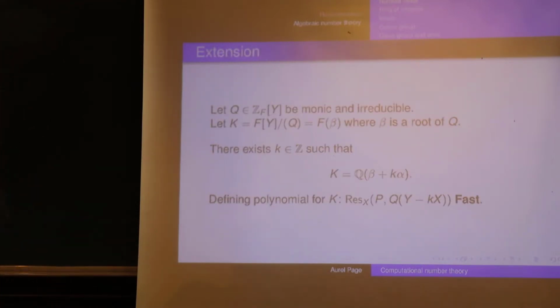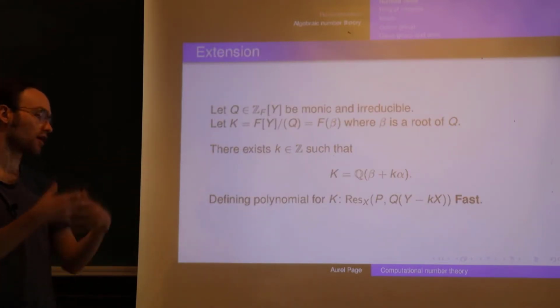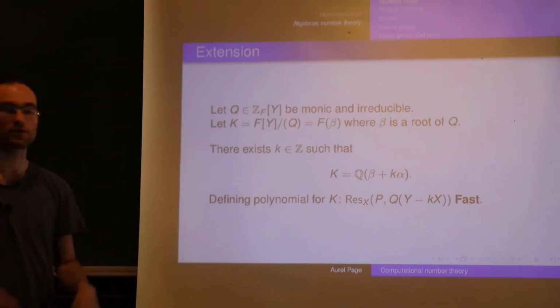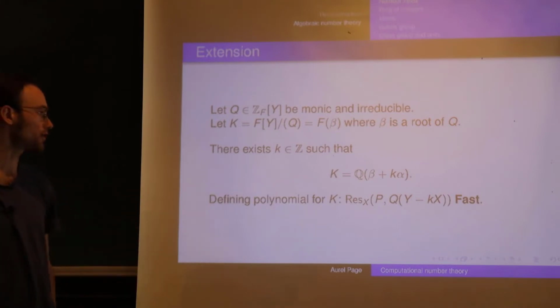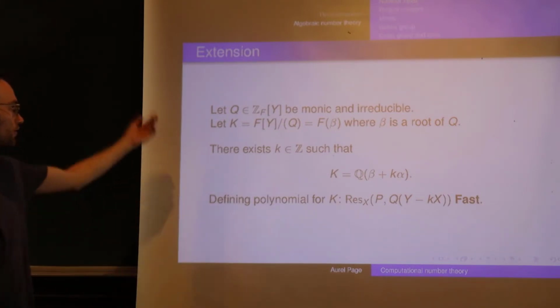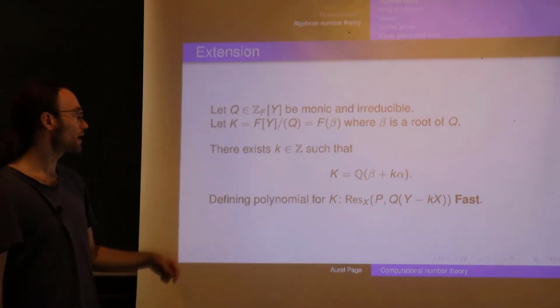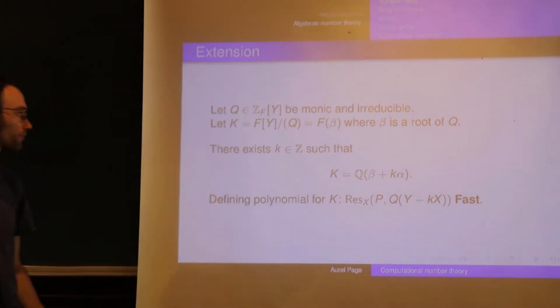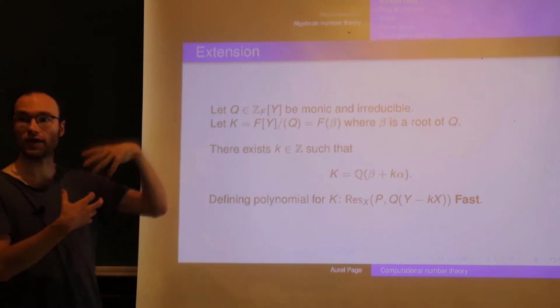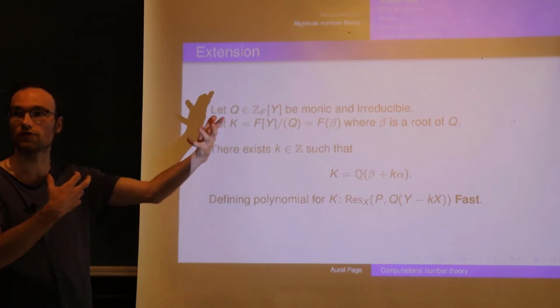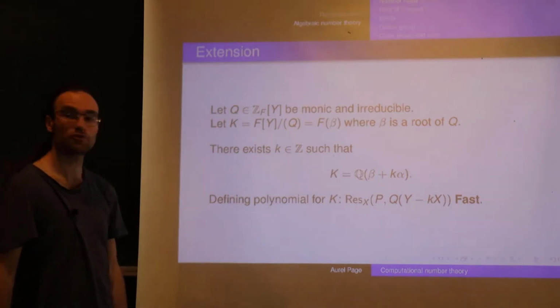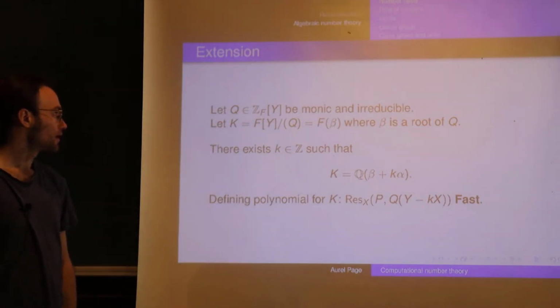Okay, then another operation that you may want to do is you have a first number field and you want to extend it to a bigger one instead of just constructing them directly from Q. So if you have your number field f and you have another polynomial now with coefficients in f, you would like to extend f by adjoining a root of this new polynomial, assuming it's monic and irreducible again.